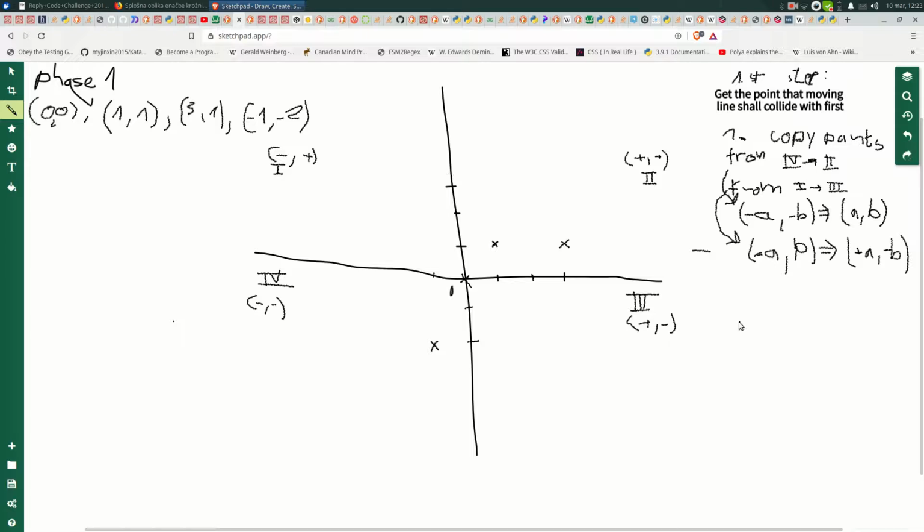So we can expect points that will be over here or over here. And so we can have a shortcut. First we say if the point has x is 0 and y is something else, and we can have a point where x is x and y is 0.